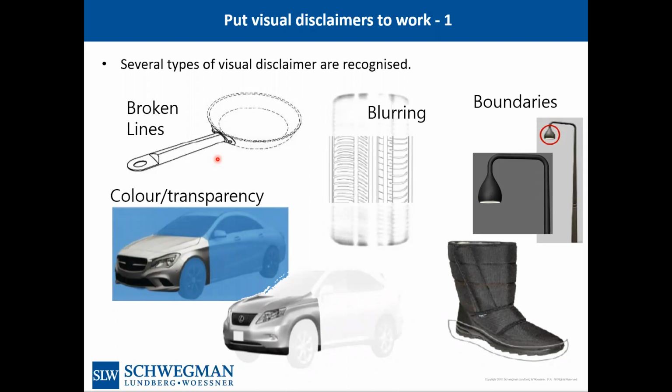Other types of visual disclaimer can be used, though, as we show some examples here. And these examples are from EUIPO guidance, which is also common to several countries. So there's blurring, which shows that we're talking about a tire tread, but isolates that repeating pattern of the tire. There's color or transparency in isolating a particular part of the car.